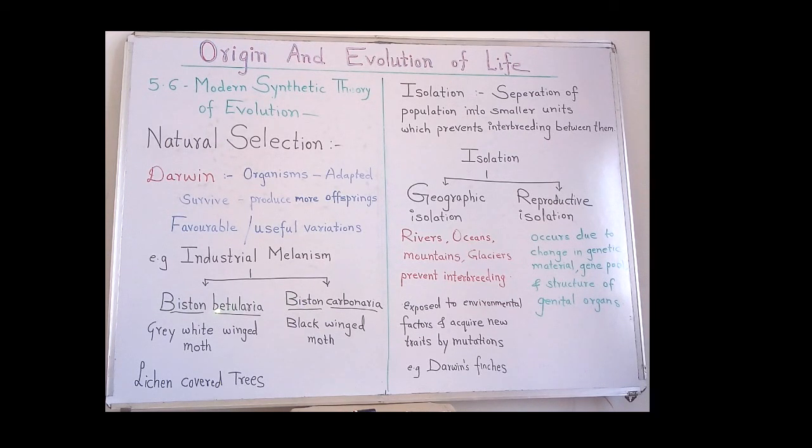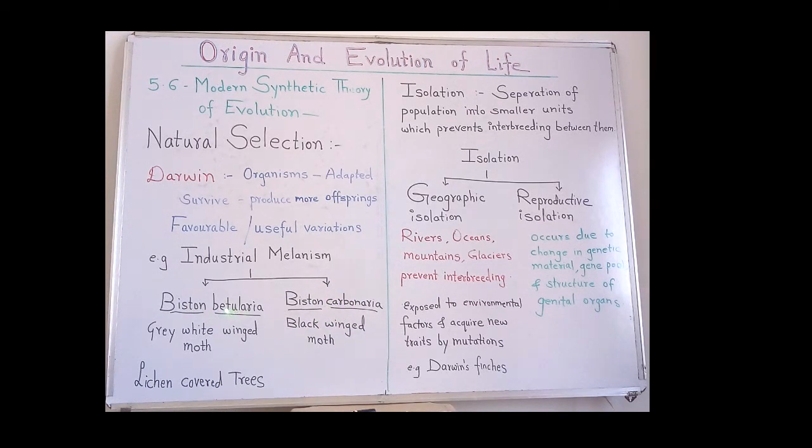These are the species of moths that are found in Great Britain. One is Biston betularia and the other is Biston carbonaria. Biston betularia were more in number compared to Biston carbonaria before industrialization.